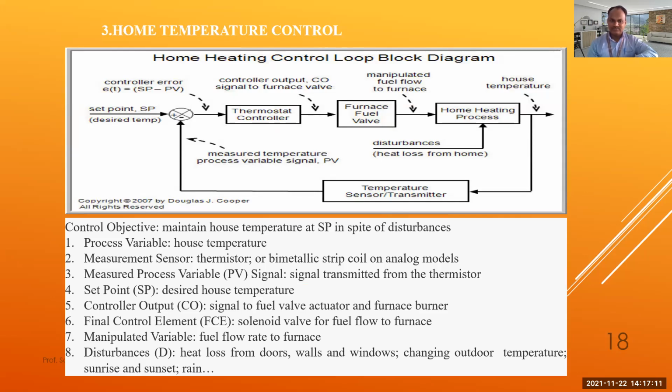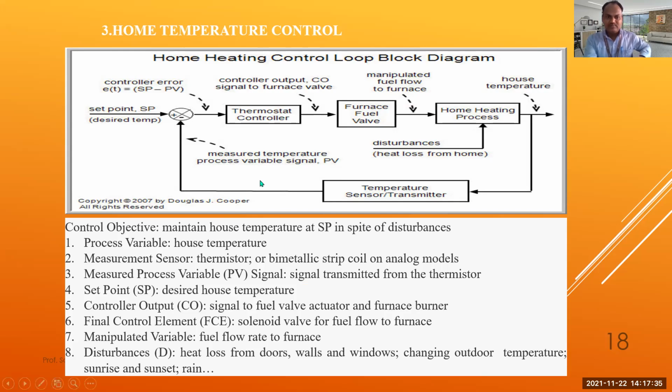Then the home heating system. We have seen in the first lecture the air conditioner system. In case of cold temperature, a home heating system or home temperature control system can also be used with the help of mechatronic devices and feedback control systems.